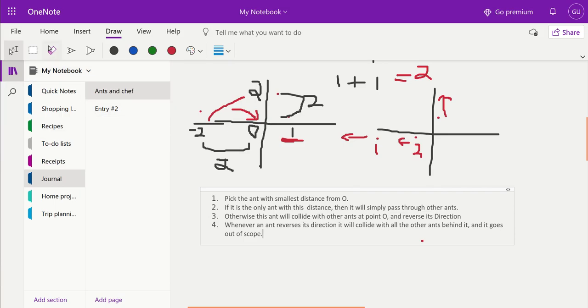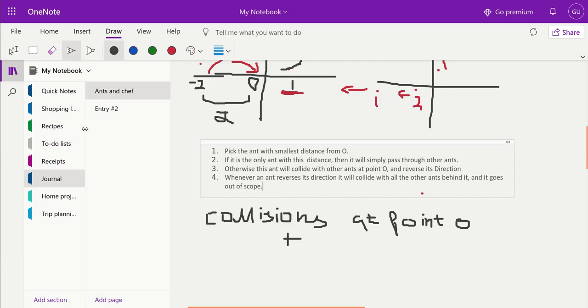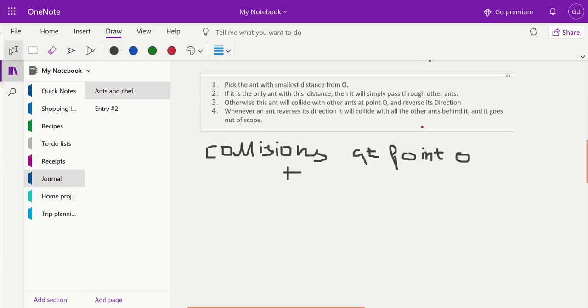So finally, what we have to calculate is collisions at point O plus collisions not occurring at point O. Okay, so we have to keep in mind these two things: collisions occurring at point O and collisions not occurring at point O, and my answer is the sum of these two.